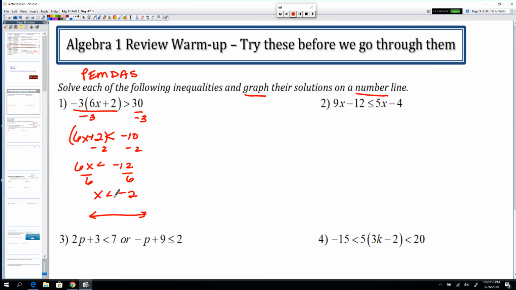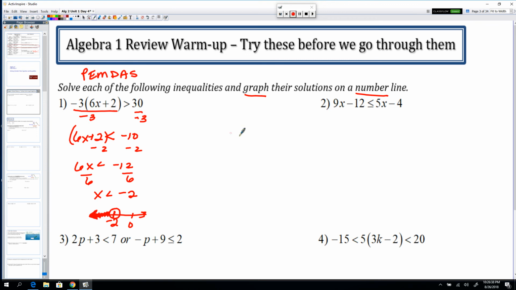To depict that on a number line, you can indicate the -2 here, and remember, since it's less than but not equal to, we indicate an open circle at the -2. And we're saying everything less than -2 is a candidate here for x. If you choose any number in the whole wide world of numbers less than -2 for x, you will make a true statement up here.